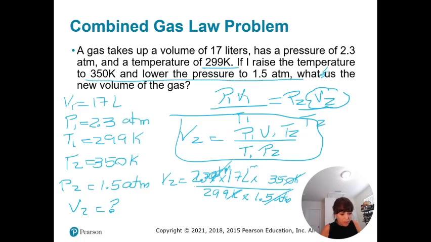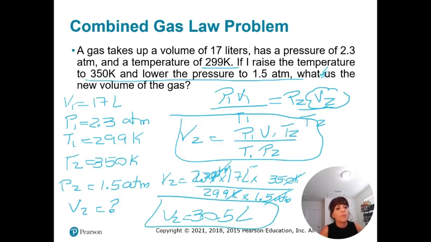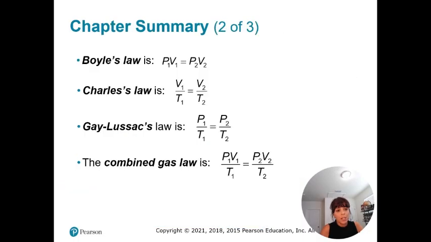And that will give me 30.5 liters. That is my final volume. Okay, so it's not hard. It's more about understanding the concepts and how the variables affect the behavior of the gas, which is not hard to understand.